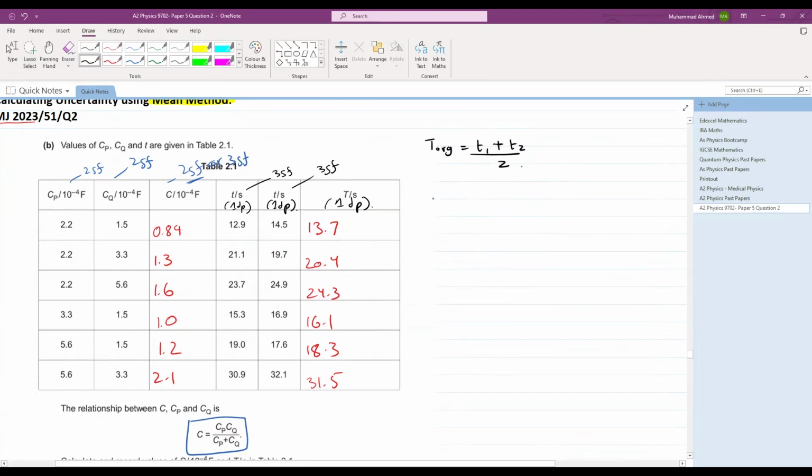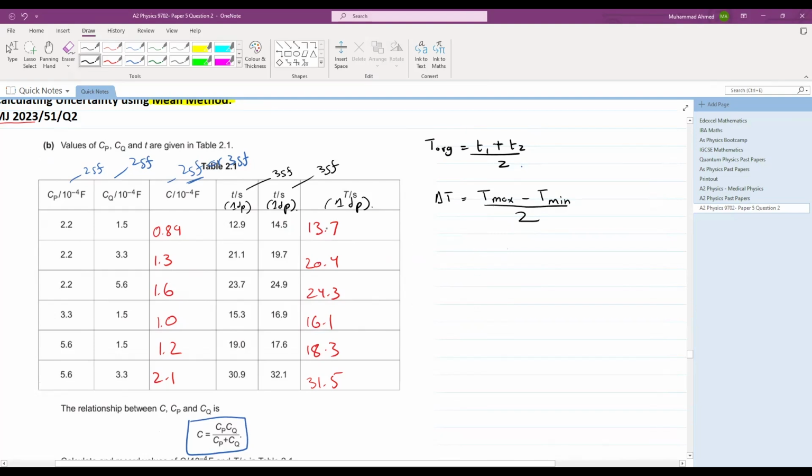How do you do that? The absolute uncertainty in capital T will be equal to T maximum minus T minimum, divided by 2. This will always be the case whenever you are taking the average of the same variable. Okay, whenever you are taking the average of the same variable, you will apply this formula to calculate absolute uncertainty.